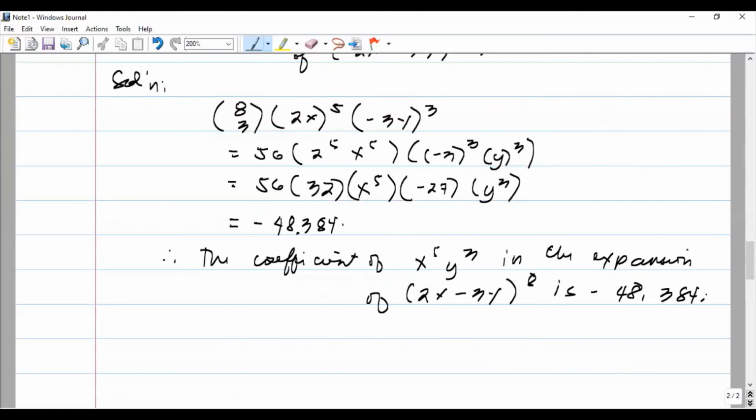Okay, so that's how we can make use of the binomial theorem, expanding a binomial expression raised to n power and finding the coefficient of a certain term in a given expansion of a binomial expression. Okay, thank you.